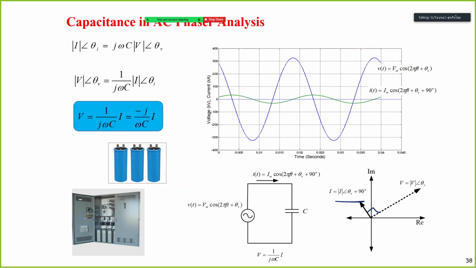This is the value that makes the current lead the voltage by 90 degrees, because the voltage will be I divided by omega C, or we can say this value is I divided by omega C with 90 degree lag, and the voltage lags the current by 90 degrees for the capacitor. Okay.